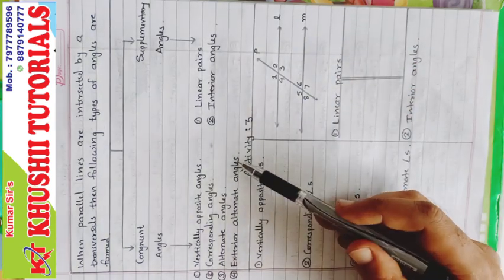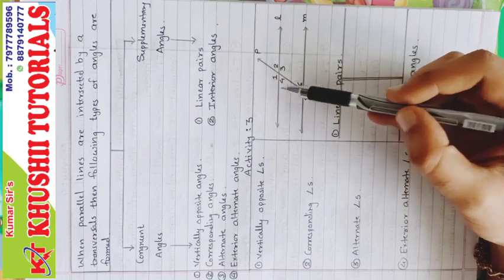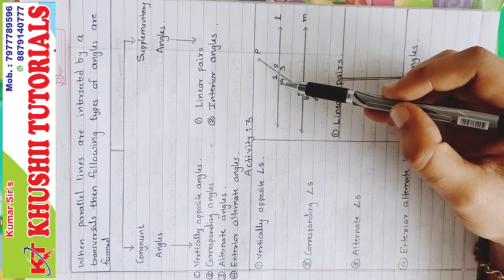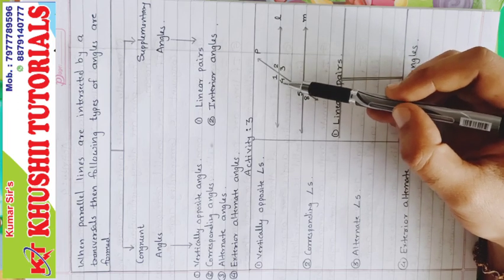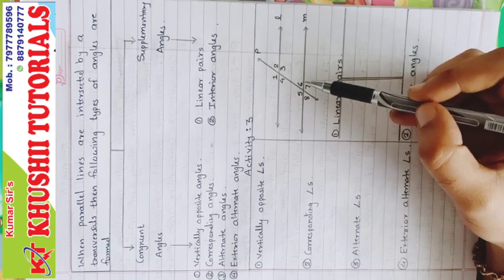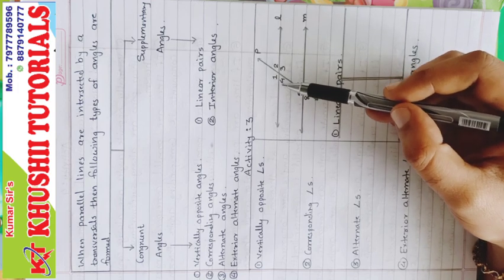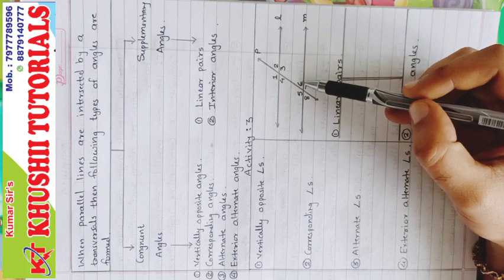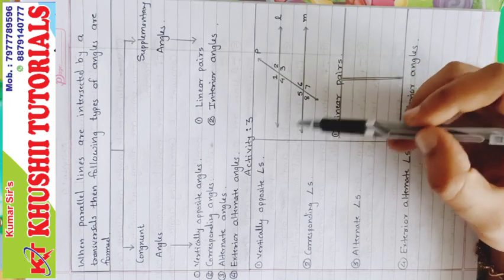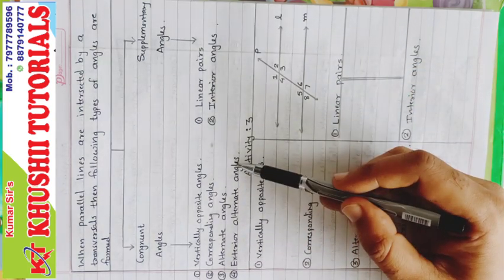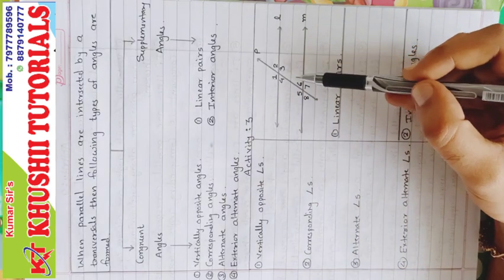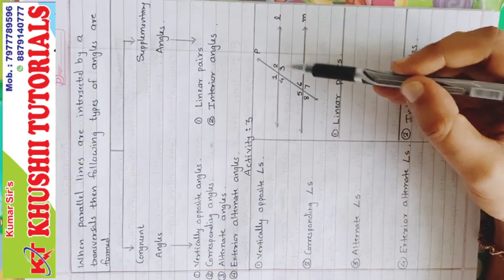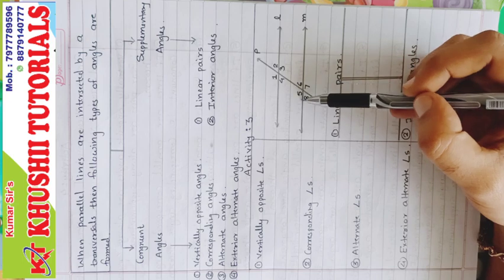Exterior alternate angle. See, 4 and 6 are alternate angles. So exterior will be its linear pair. So 1 and 7. See, because linear pair of 4 is 1 and linear pair of 6 is 7. So 1 and 7 are exterior alternate angles. Similarly, 3 and 5 are alternate angles.